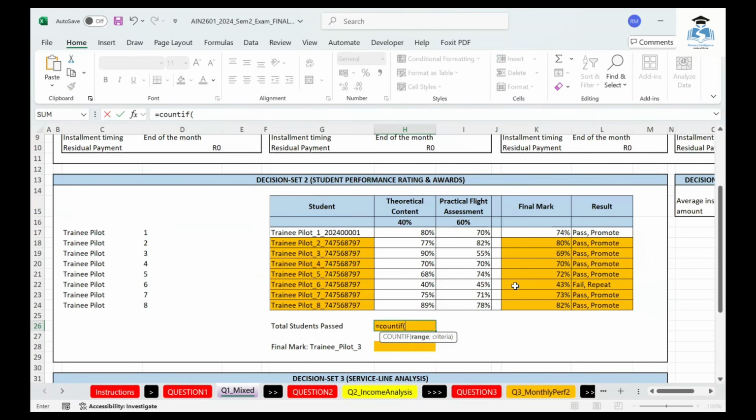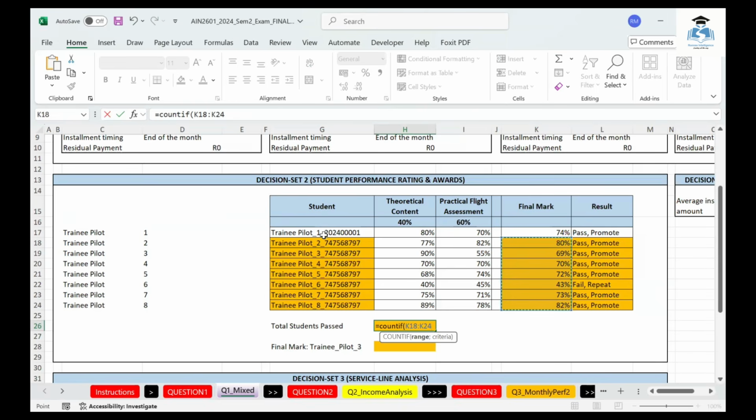Wait, what is our range? We count our range. It's L18 to L24, so from here to here.